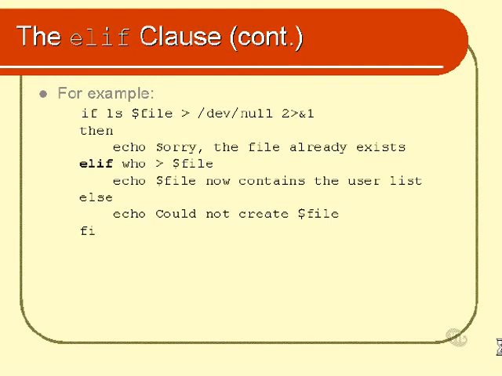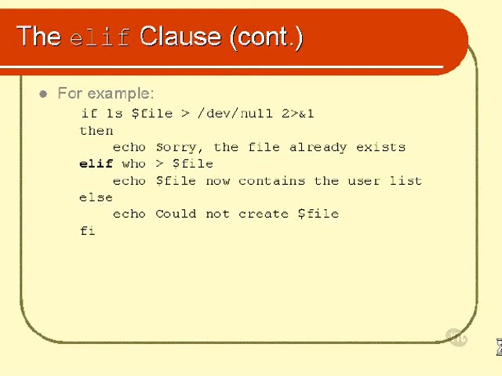Now if the who command with its output being redirected to the file fails, there's only one possible way that could fail, and that is if we did not have permission to create the file, or perhaps the file was an invalid name. But if it succeeds, if we get back an exit status of 0, then we say okay, file contains the user list. Now if it fails, then we can say that we could not create it.